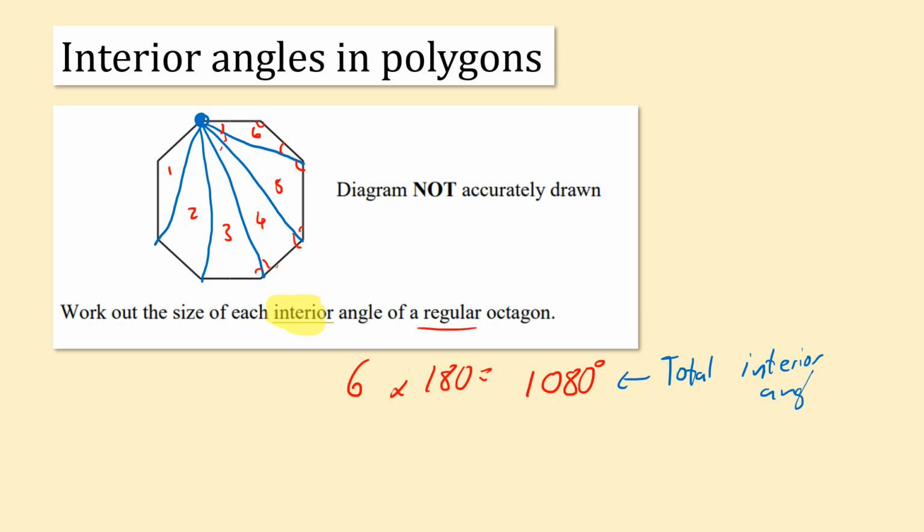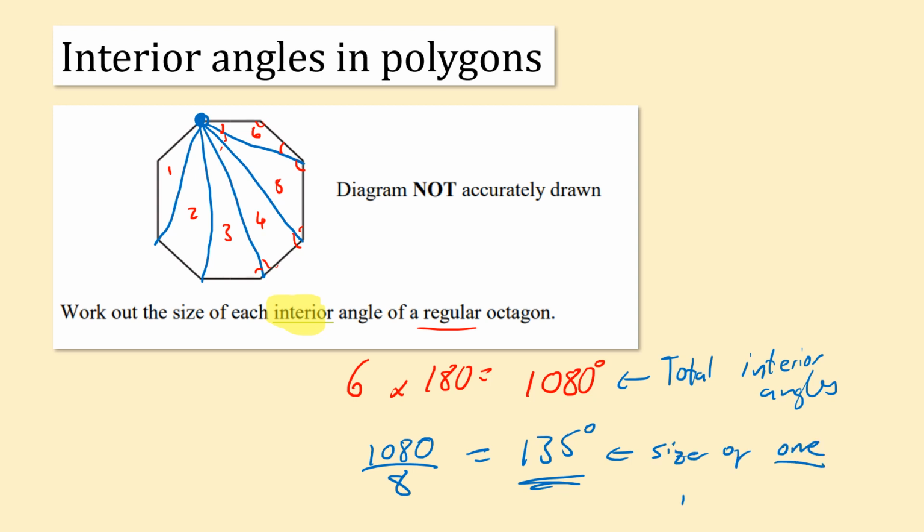So if I add up all of the angles in this octagon, it's 1080. Each one of them, because I've got 8 sides, is 1080 divided by 8, which is 135 degrees. So that is the size of one interior angle.